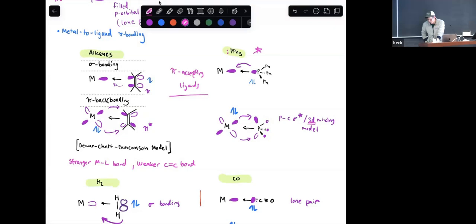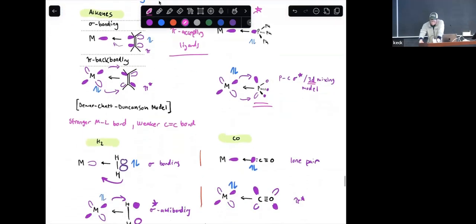And there I would say you're also not totally right, but in aggregate, you are right, which is that it's an orbital mixing model. So you have the 3d and P-C sigma star that engage in this orbital mixing model. The orbital involved looks like this, and you can appreciate that it is of appropriate symmetry to engage in a back bonding interaction with a filled d orbital on the metal.